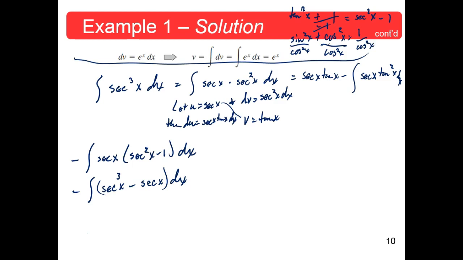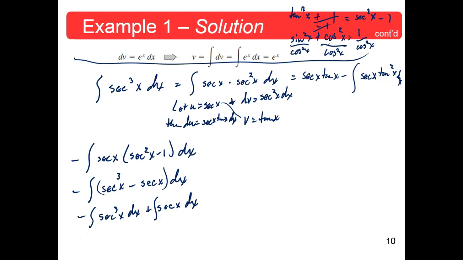I'm not really too upset that we wound up with this. This is going to be minus the integral of secant cubed x dx. Minus a minus is going to be plus the integral of secant x dx. You agree with that so far?